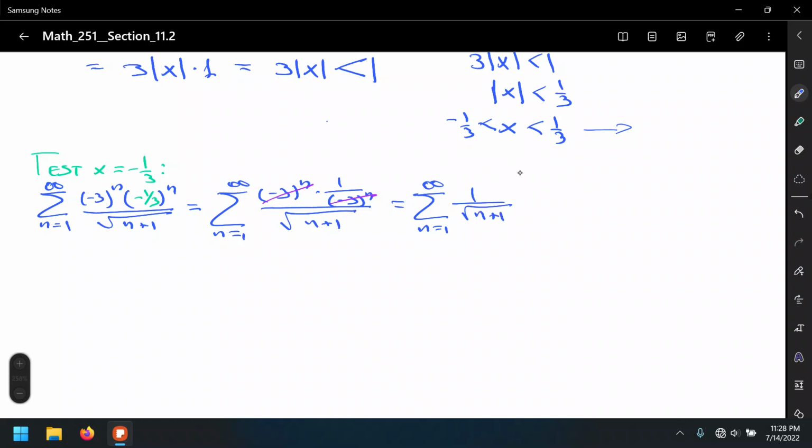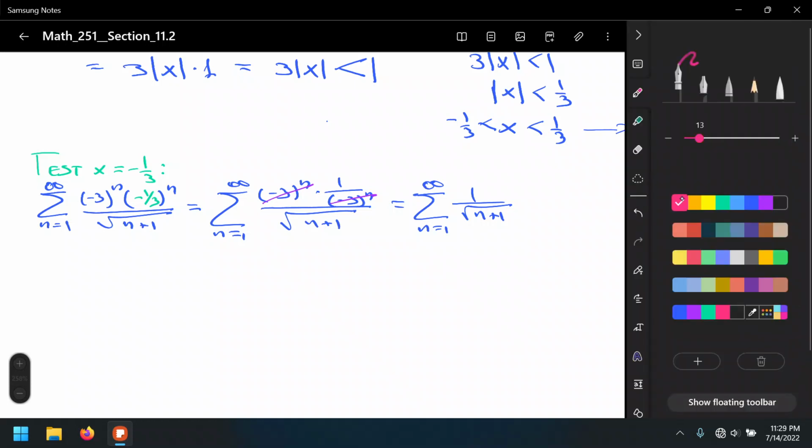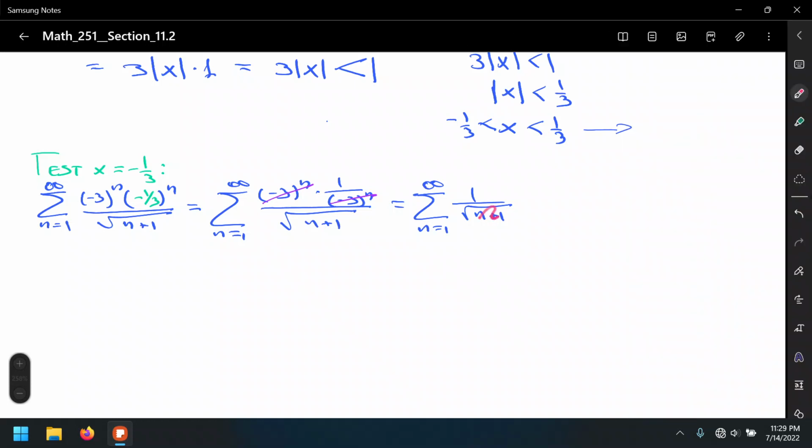So we need to look at this series, and we may have looked at a series like this before. We need to think of a test to determine the convergence or divergence of the series. In this case, I'm thinking of a comparison test. Could it be direct comparison or limit comparison? Well, we'll see.